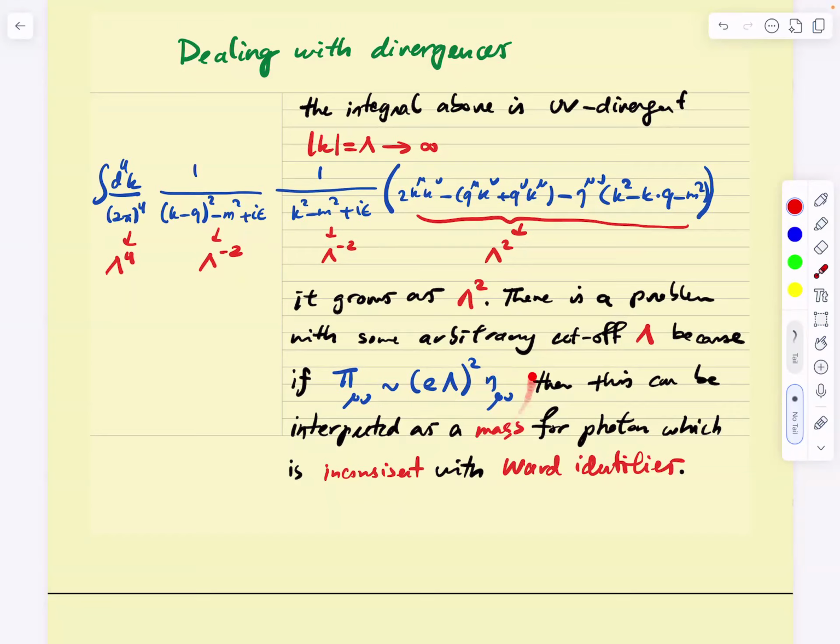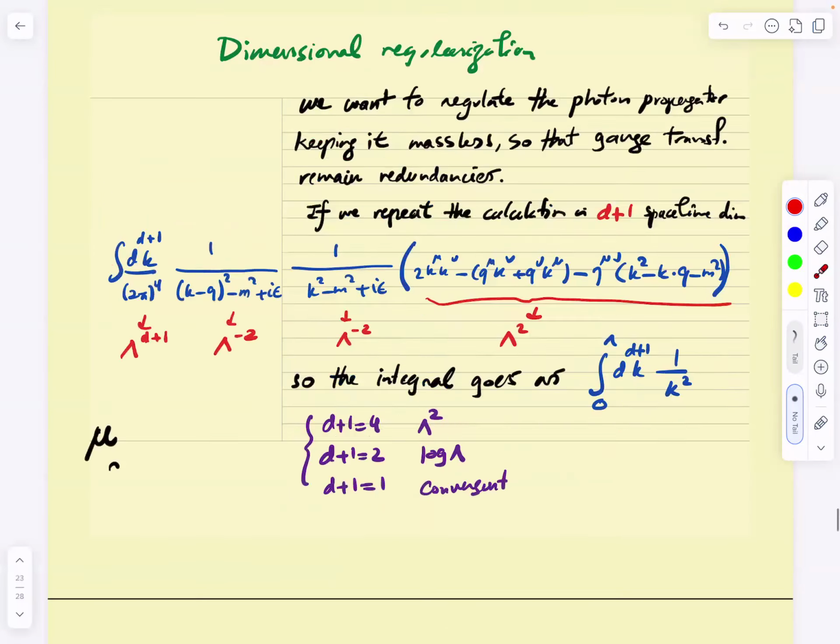Any part of this integral that is in the direction of propagation would have the interpretation of a mass for the photon, and it has to be discarded. It's going to be discarded by gauge invariance. Otherwise we'll be inconsistent with Ward identities.